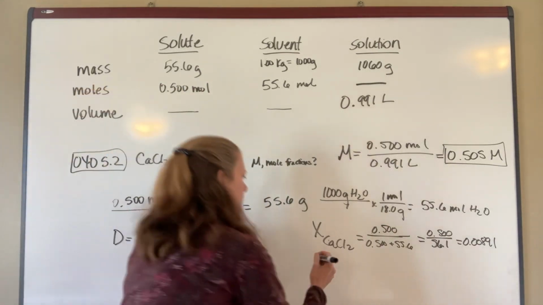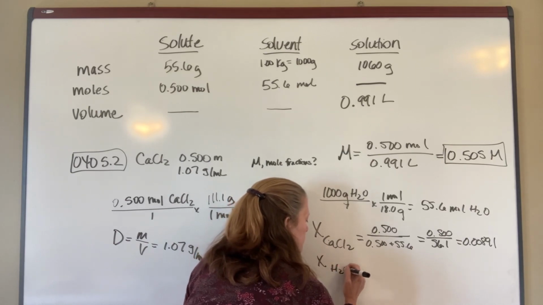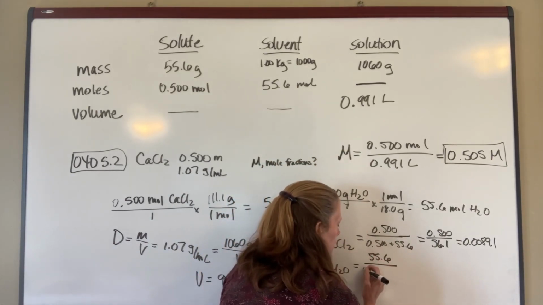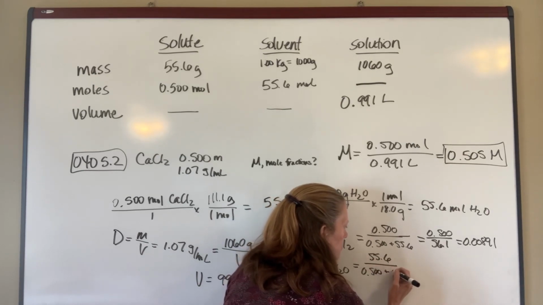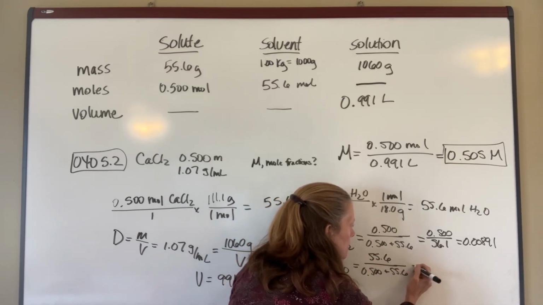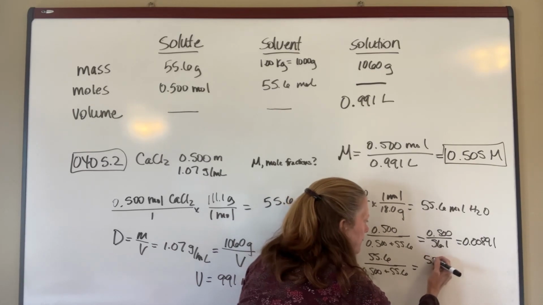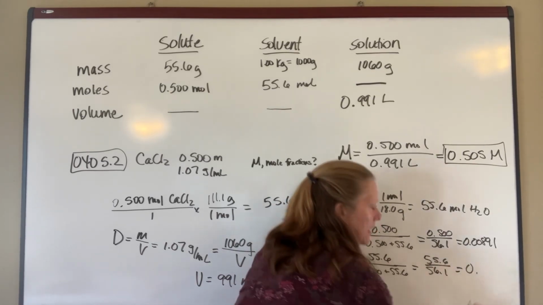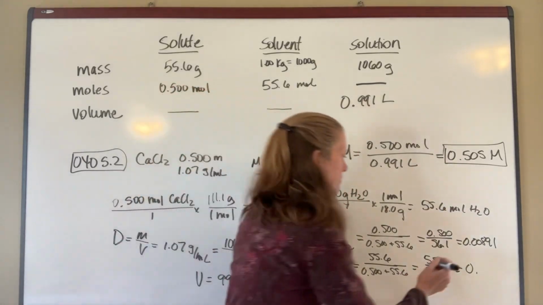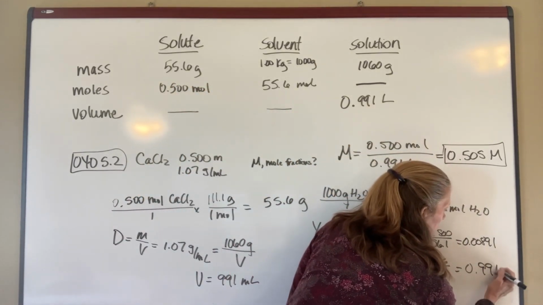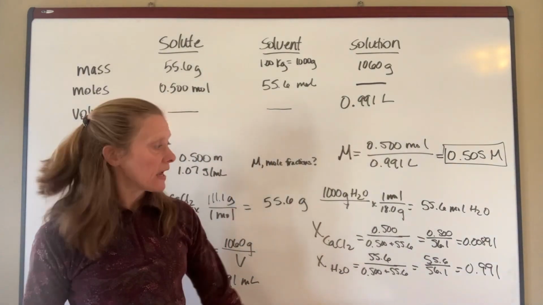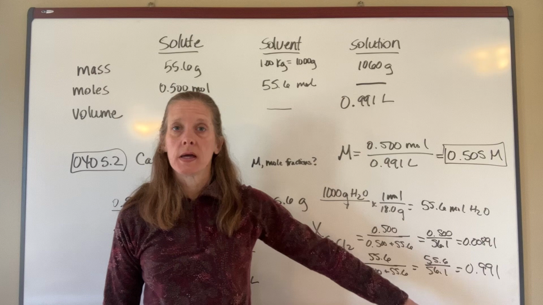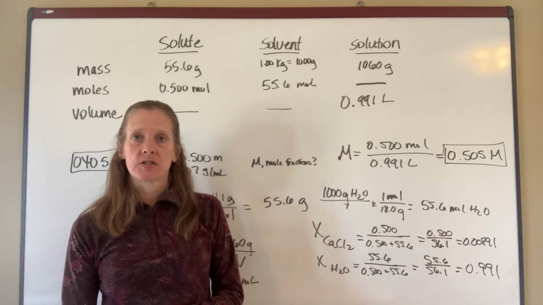Okay? Then if I want the mole fraction of the water, I'm going to do the same thing. I'm going to take 55.6 over 0.500 plus 55.6, which is going to be 55.6 over 56.1. And when I divide that out, that's going to give me 0.991. And once again, if you add those two together, you will see that they add up to 1, which means that your numbers are reasonable.